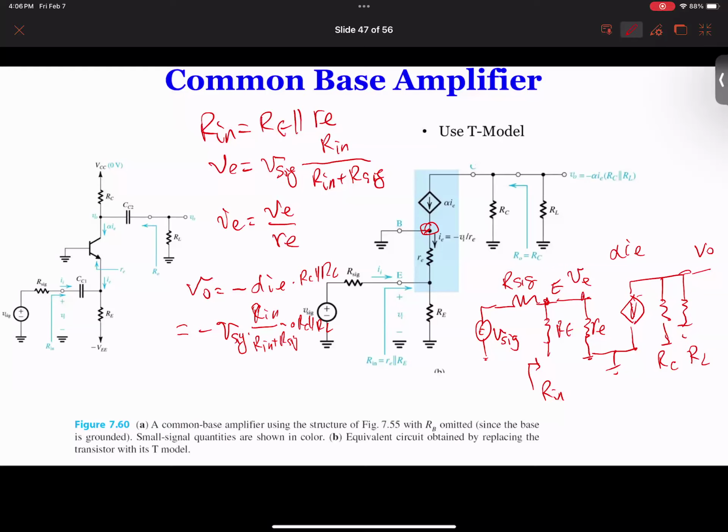Now if you divide on both sides, you get the voltage gain AV equal to minus R in over R in plus R SIG times RC in parallel with RL. Sometimes if you want to include this RO, you can do that as well. That becomes, if VA is given, you can do this. If VA is not given, just forget about the RO, and you get the whole circuit result. So that's the common base.